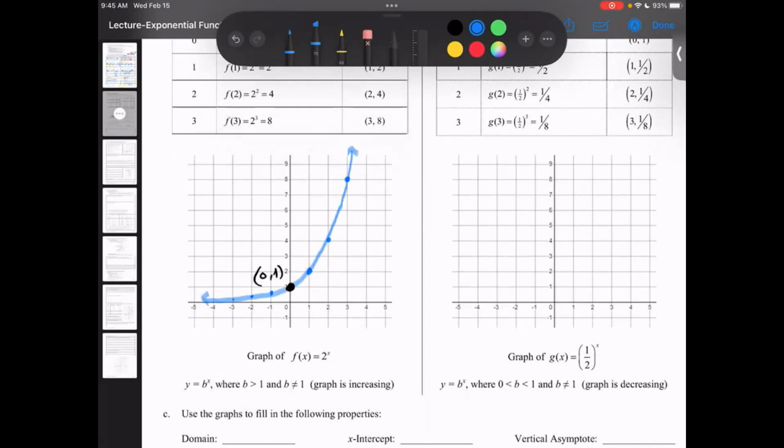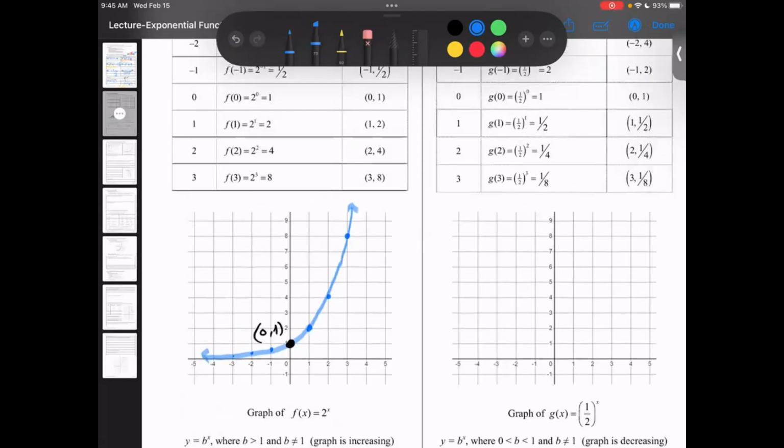I know it looks like I'm touching it, but in reality, I shouldn't be touching it. Because the x-axis, or y equals 0, is your horizontal asymptote. Remember, what's the characteristic of a horizontal asymptote? When x approaches negative infinity or positive infinity, your y value approaches 0. It approaches a certain value. Get close to it, never quite touch it.